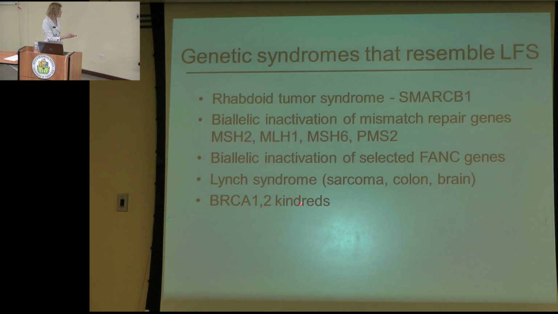And then if you have families with BRCA1 and 2, a lot of breast cancer, the occurrence of a sarcoma can make it resemble Li-Fraumeni syndrome, because young onset breast cancer is so common in Li-Fraumeni syndrome, and you simply have to test for both possibilities.